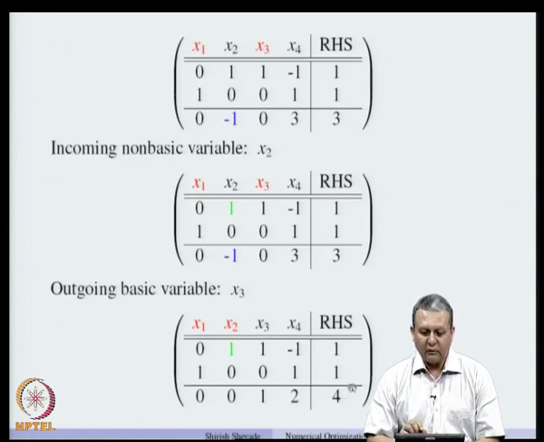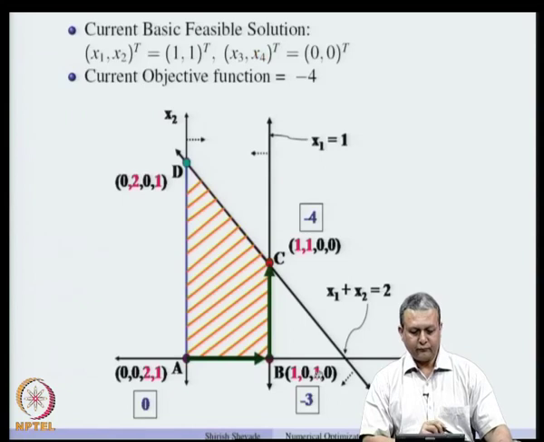The current objective function value is -4, the negative of the quantity in this last cell, and the relative costs associated with the two non-basic variables x3 and x4 are strictly positive, and obviously the relative costs associated with the basic variables are 0. So, it satisfies our optimality conditions, and therefore, we have reached the solution with the objective function value of -4 and x2 equal to 1 and x1 equal to 1.